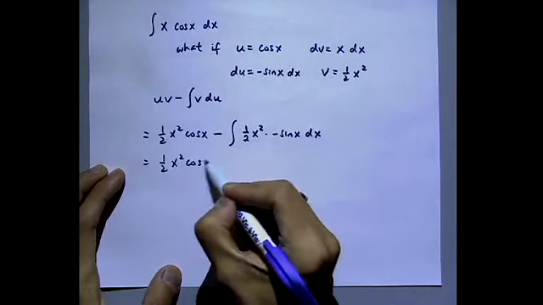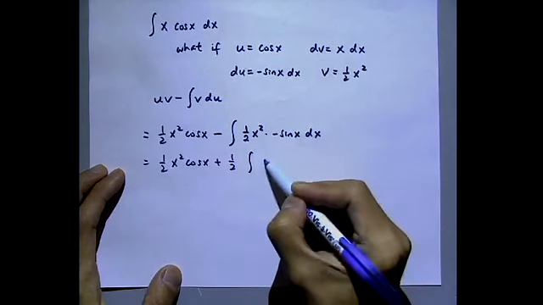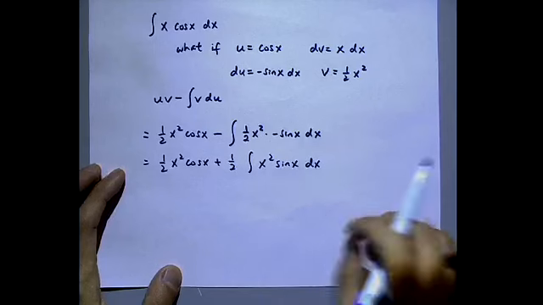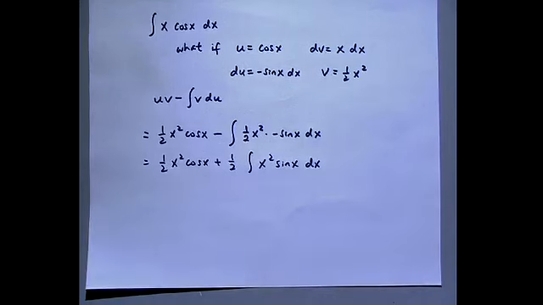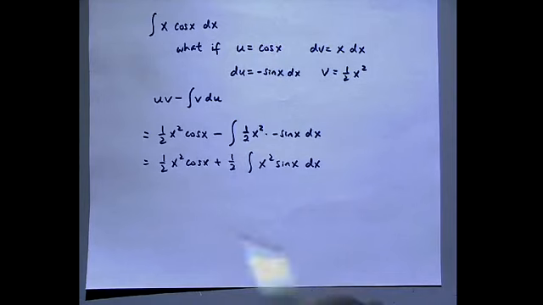Simplify a little bit. Okay, the minus signs cancel, gives me a plus, and I pull the 1/2 out.